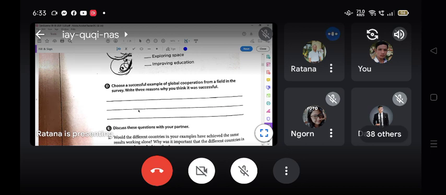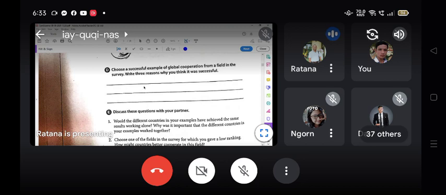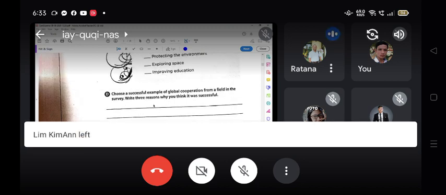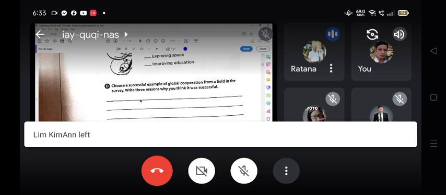In the class activity, you have to write the 3 examples and give the reasons.